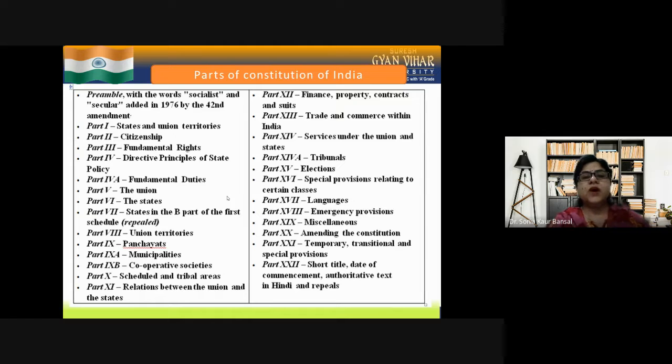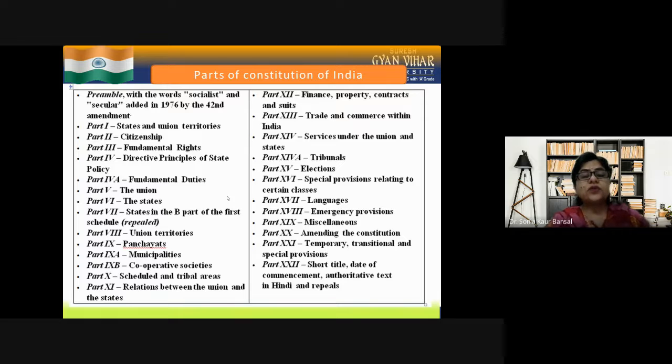We have also studied the parts of the Constitution of India. We have seen that many parts of the Constitution are taken from other countries, and we discussed that India is working on the strong belief of Vasudhaiva Kutumbakam. Its preamble had the words socialist and secular added in 1976 by the 42nd Amendment, and there are 22 parts taken from different countries and concepts.